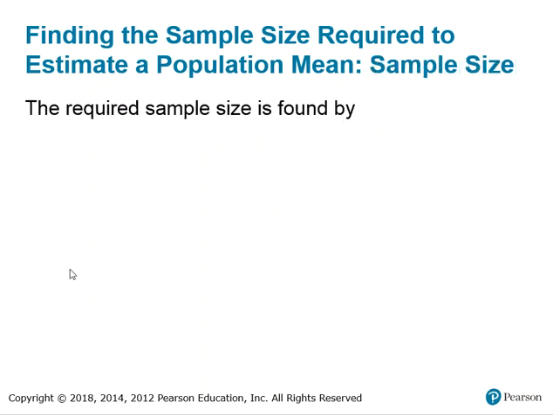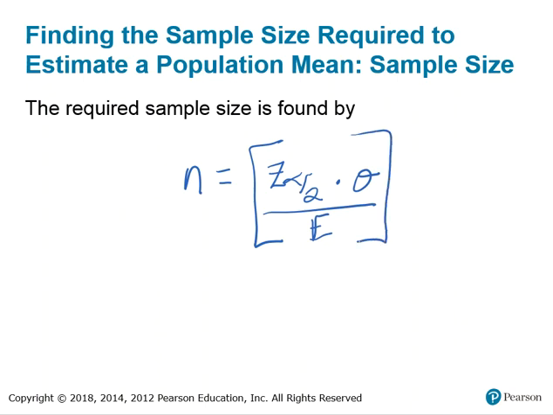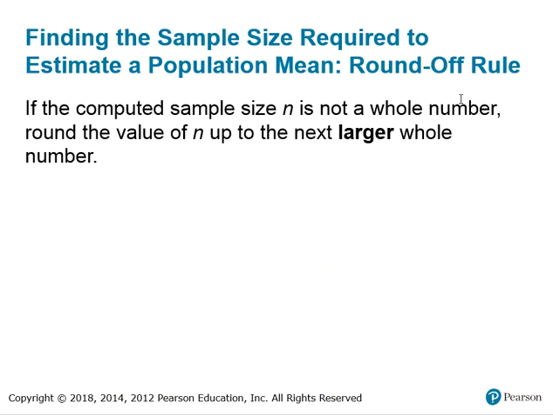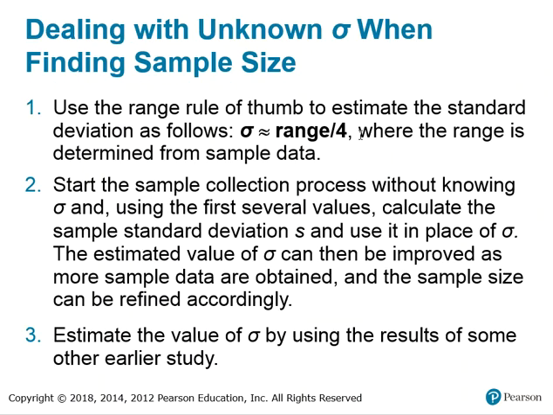So the formula that we're going to use: n equals Z alpha over 2 times the standard deviation divided by the margin of error, and we are going to square that. Just like before, if you come up with a decimal number, you always want to round it, and you always round up because you want to make sure you have enough data to make sure it works.